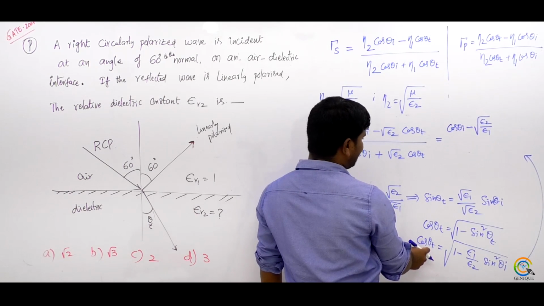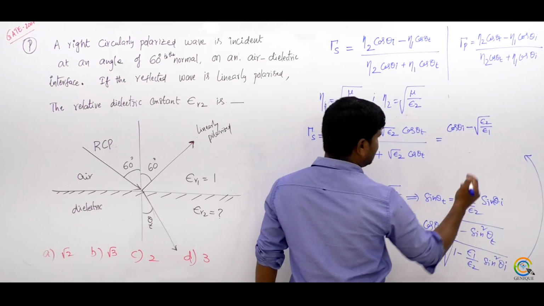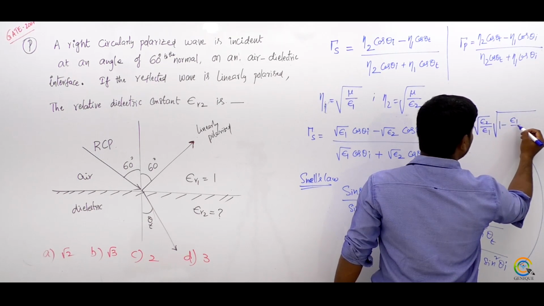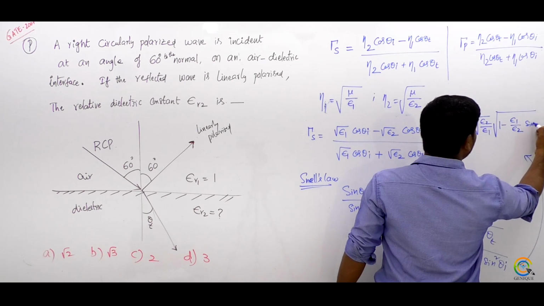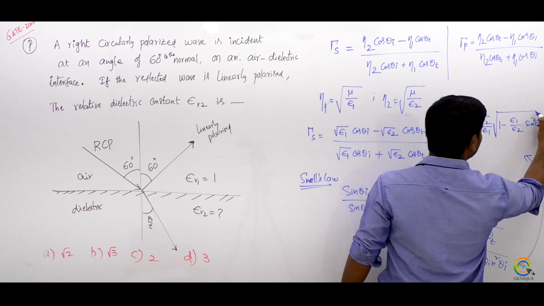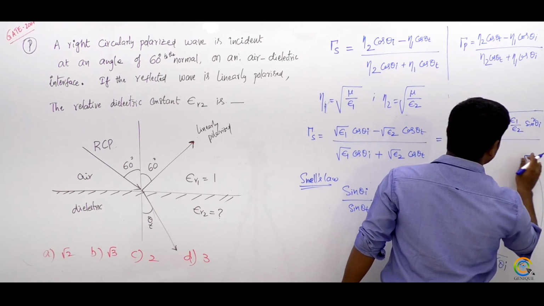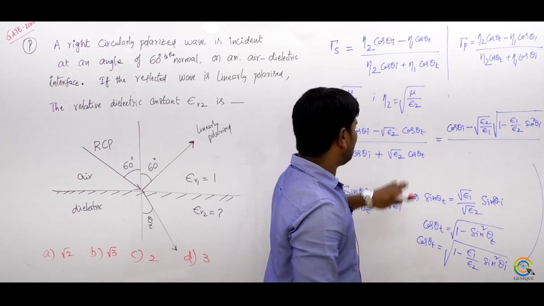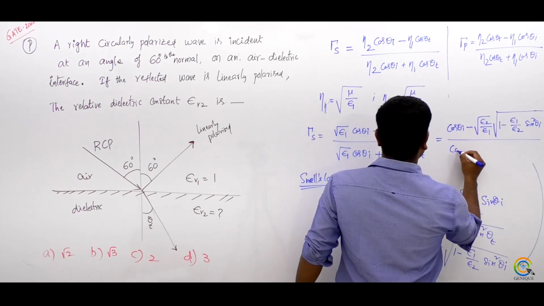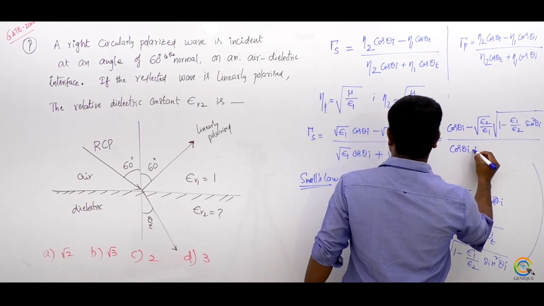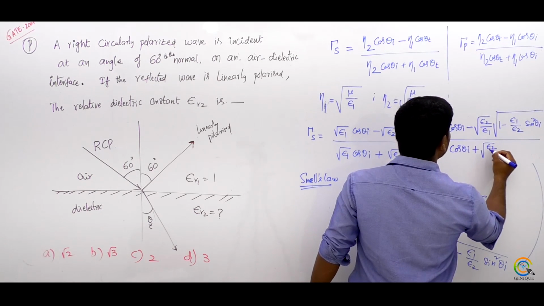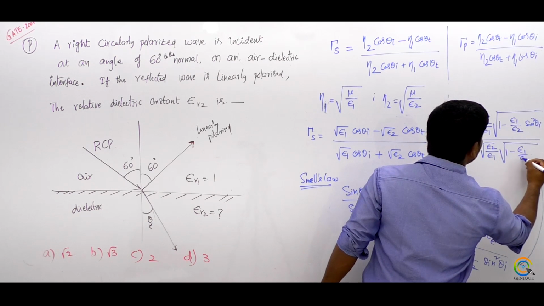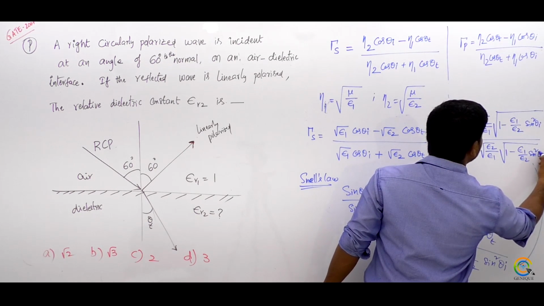Cos theta t can be written as root of 1 minus epsilon 1 divided by epsilon 2 sin square theta I. The denominator is also divided: cos theta I plus root epsilon 2 divided by epsilon 1 times root of 1 minus epsilon 1 divided by epsilon 2 sin square theta I.